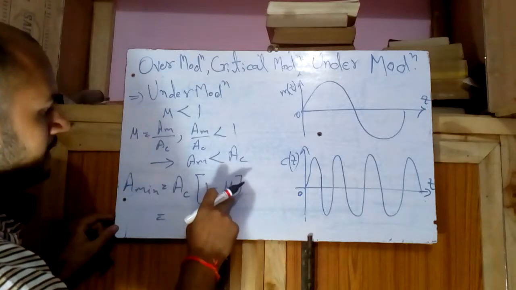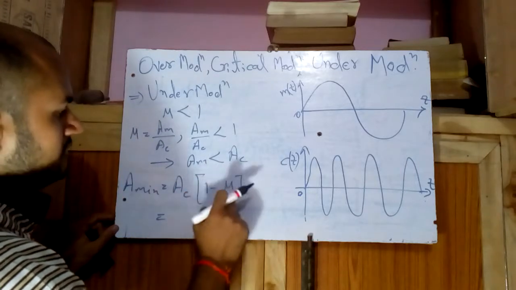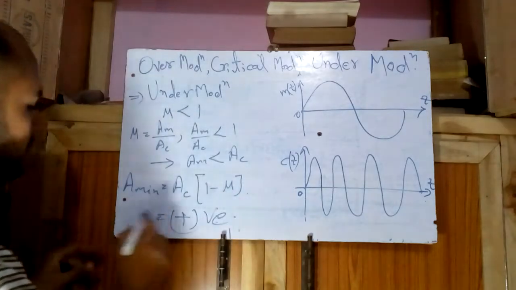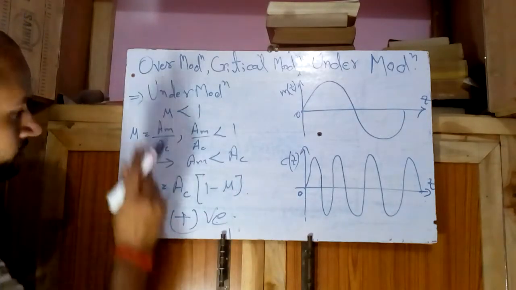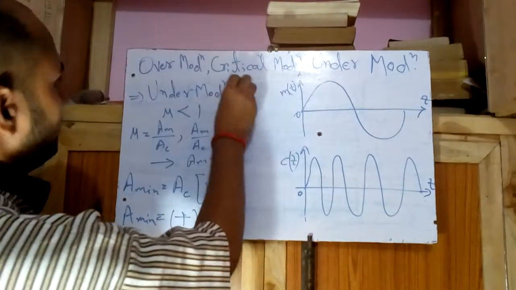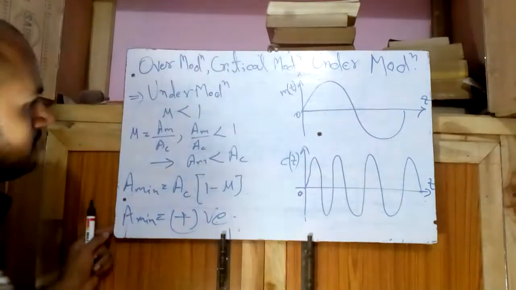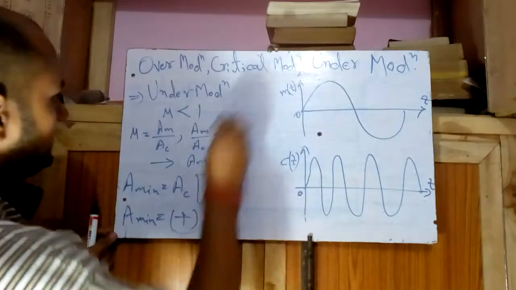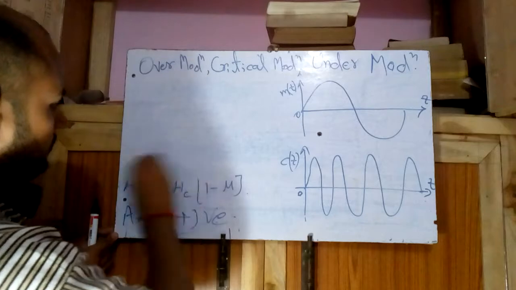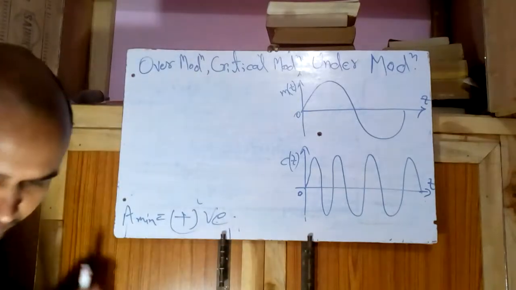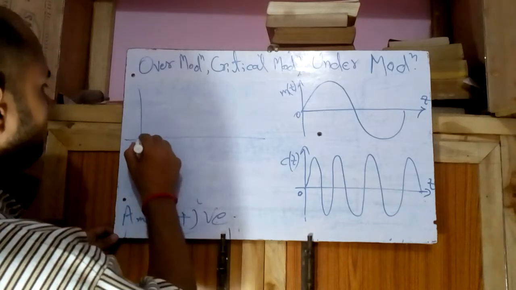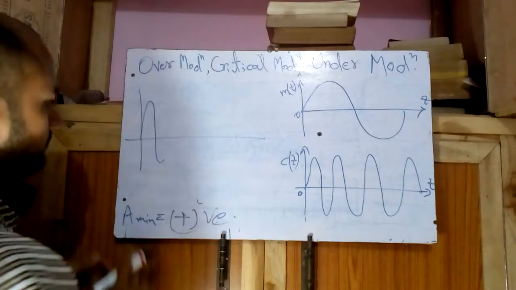Mu is less than 1, so less than 1 means this will be positive. Overall A minimum will be positive. Now see, what is A minimum? You have seen all these things. This is mt, this is ct. Then the signal will be like this.